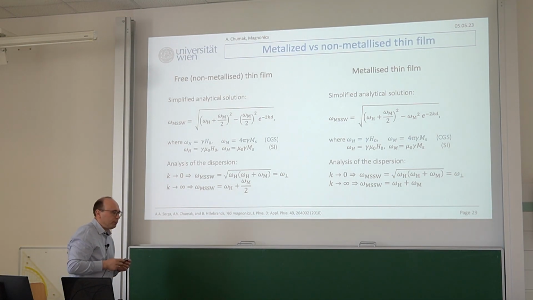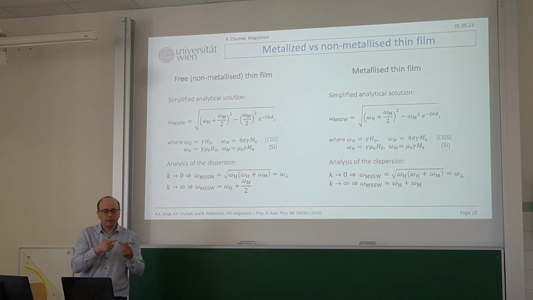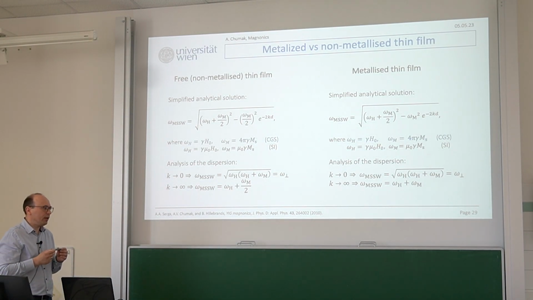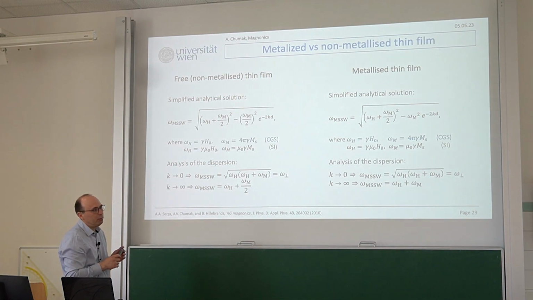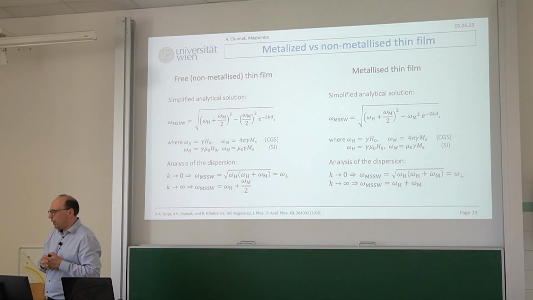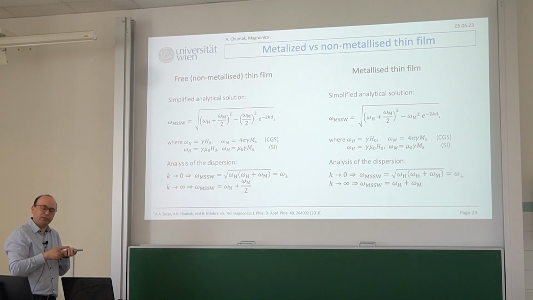If to speak about metallization for in-plane magnetization, for backward volume or forward volume, then it doesn't change so dramatically. In Gurevich-Melkov you can see dispersions for metallized samples. It doesn't change dispersion so dramatically, but there will be parasitic reflection, and potentially additional mechanisms for damping.